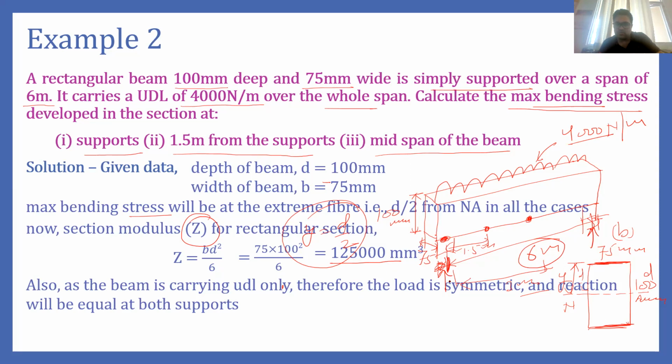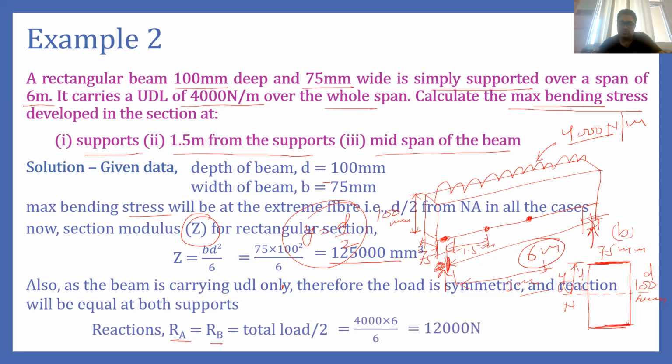And the reaction on both end will be half of that. So 24,000 divided by 2 on both the end. So reaction will be same. RA and RB will be same, which is total load divided by 2. And that will be 12,000 Newton. So now we know the reaction also, which is 12,000 Newton at this end and 12,000 Newton at this end.